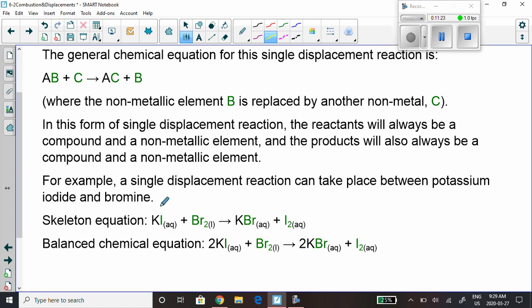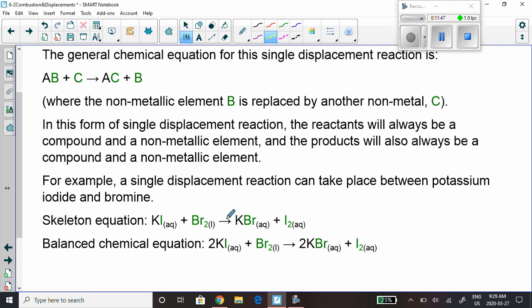The formula here would be found by using the crisscross rule, plus bromine, a liquid. Bromine is Br2. It's one of those particular elements that exists as a diatomic molecular element. That's the way it's found in nature, just like O2 or H2.